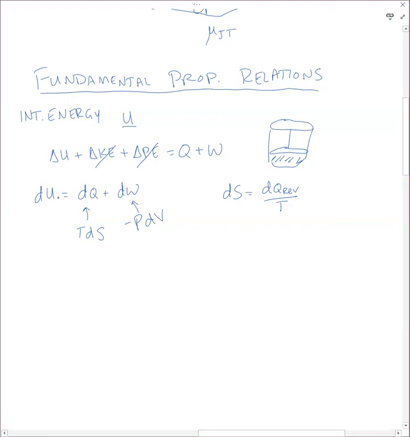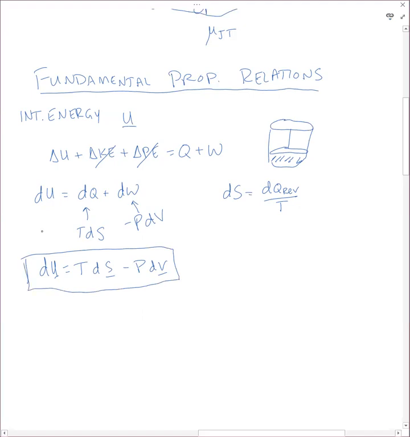The only thing that I'm going to do is now change these extensive variables into intensive variables by dividing through by the moles or the mass inside that cylinder. So I'm left with du is equal to T ds minus P dv. And this is our first fundamental property relationship.